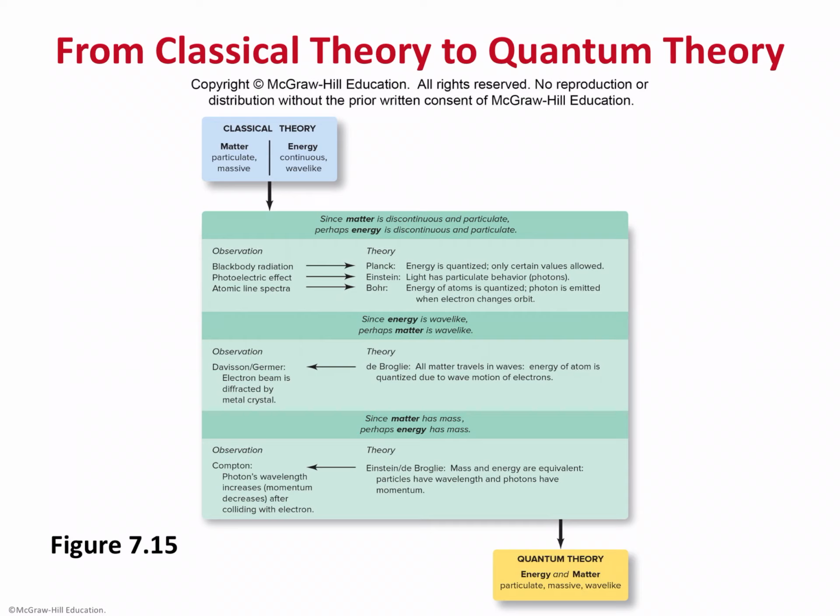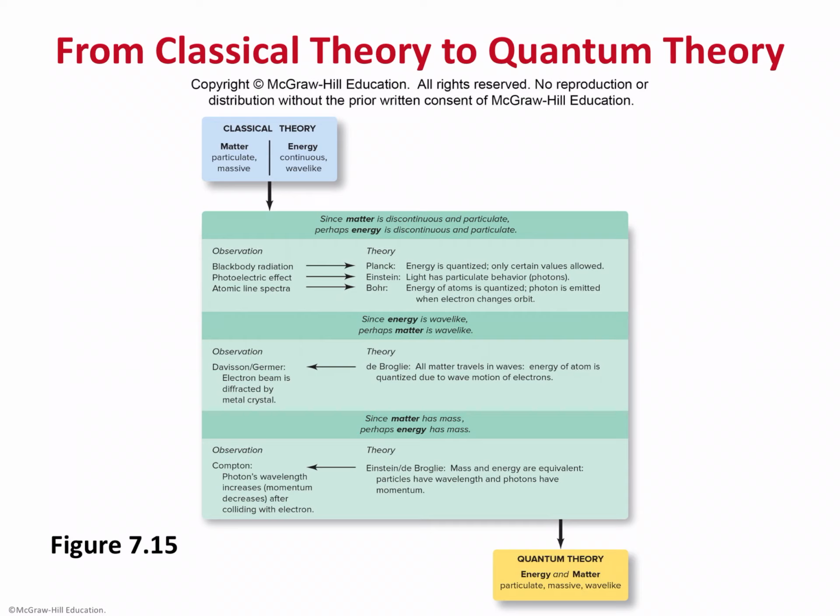Anybody remember what is black body radiation? That is emitting light when you heat an object to a very high temperature, right? So we were able to see a color, meaning the wavelength and energy are interrelated, right? So that was done by Planck. Energy is quantized, only certain values allowed.